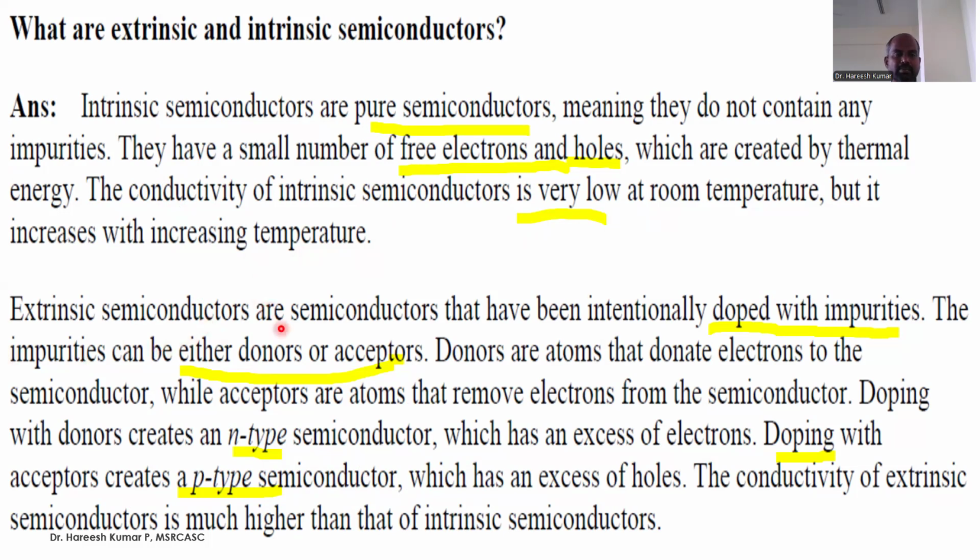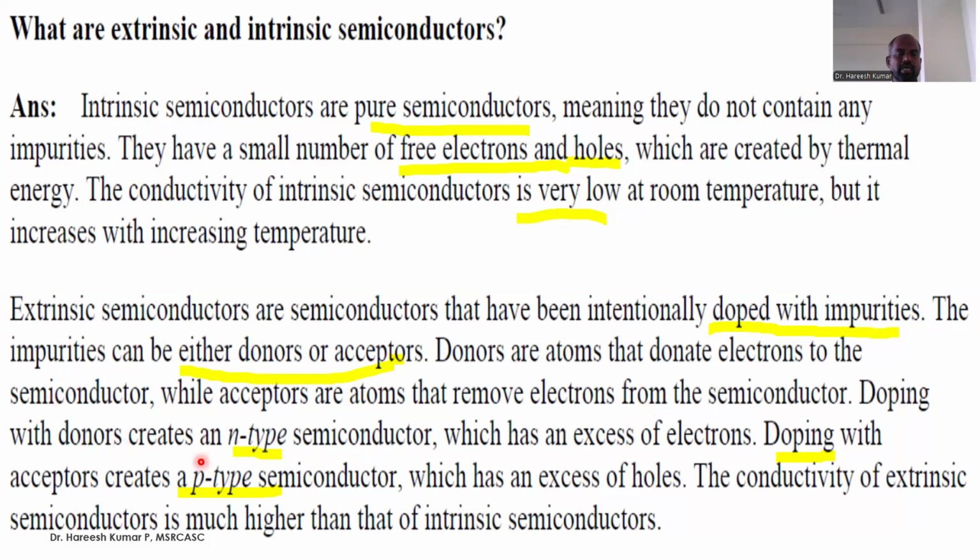Extrinsic semiconductors are the semiconductors that have been intentionally doped with impurities. The impurities can be either donors or acceptors. Donors are atoms that donate electrons to the semiconductor, while acceptors are atoms that remove electrons from the semiconductor.